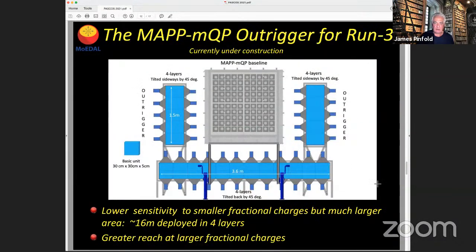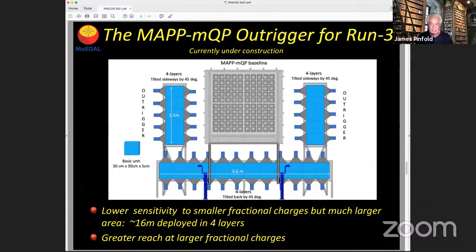We've recently decided to put what we call the outrigger. This is the front of the detector I just showed you, 1 meter by 1 meter, 100 bars in each section. And then these outriggers on each side, which are 5 centimeters thick and angled to give a slightly bigger passage through the scintillator, like 7 centimeters, we'll be able to look for, should we say, fractionally charged particles with a higher charge.